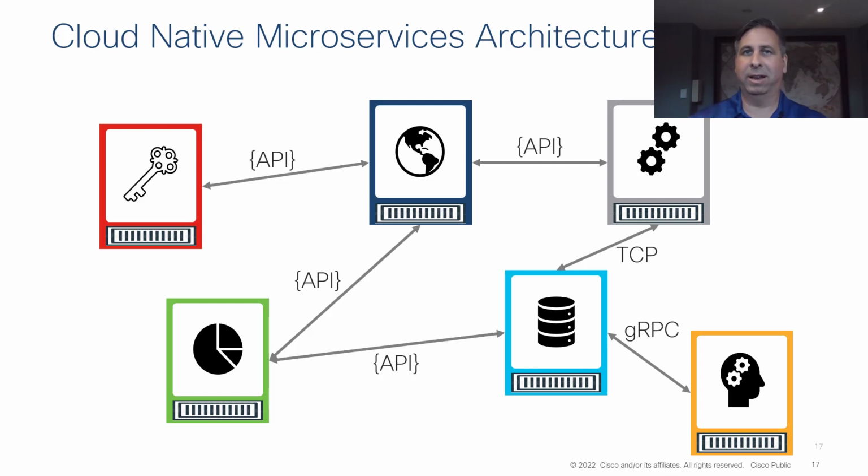Now, all of these interconnections have to be managed. And these are net new interconnections because previously, all of these services would be on a single server. Virtual or physical, it doesn't matter, but you wouldn't have to interconnect them.